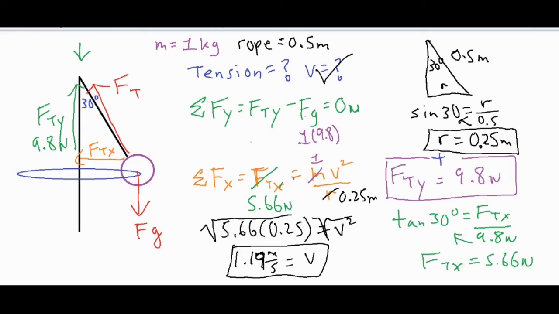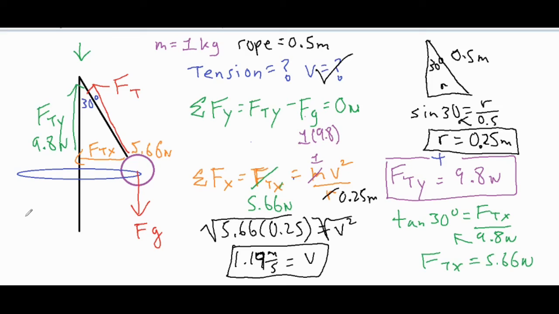We could have solved for our tension earlier, so let's go ahead and slide back to our force triangle and finish solving that. So we already know that FTY is 9.8, and we know FTX is 5.66 newtons. So we could use either of those two sides in combination with the 30-degree angle in order to get our hypotenuse of the triangle, which is FT.